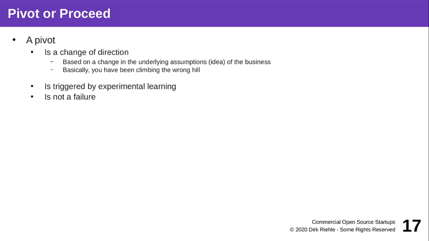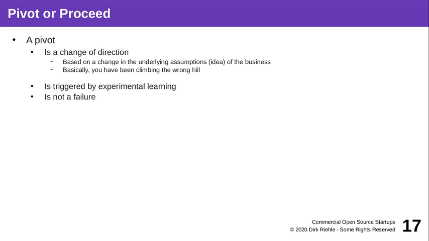So after having run your experiments to test the hypotheses and analyzed them, you have to decide whether to proceed with what you're doing or to change direction. And the established slang industry term is, do you pivot? You pivot, meaning you change the direction of your search for your business model.